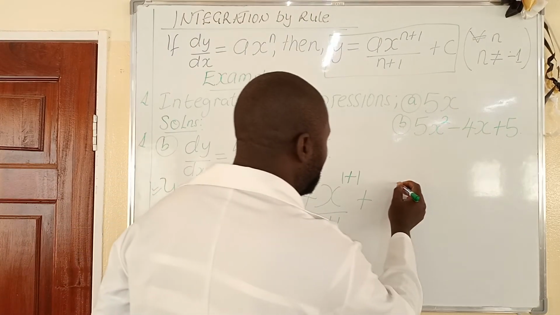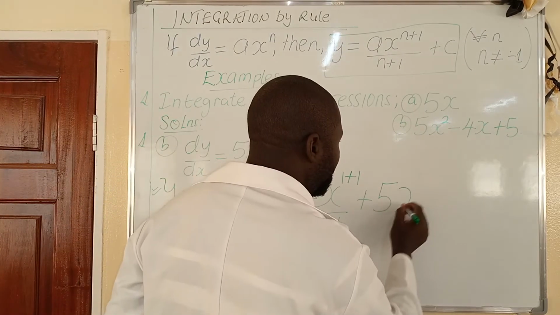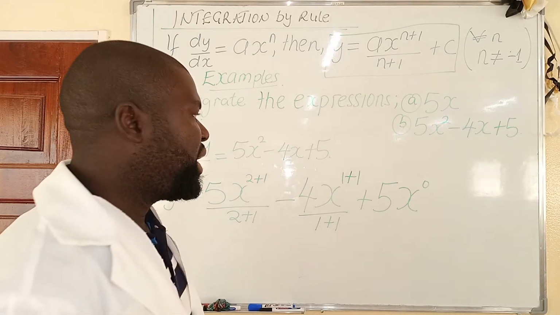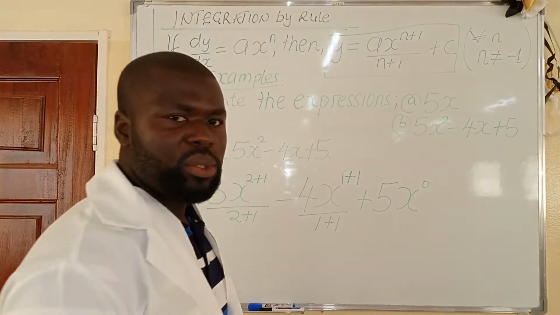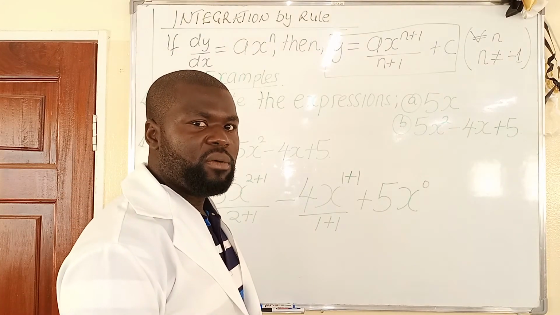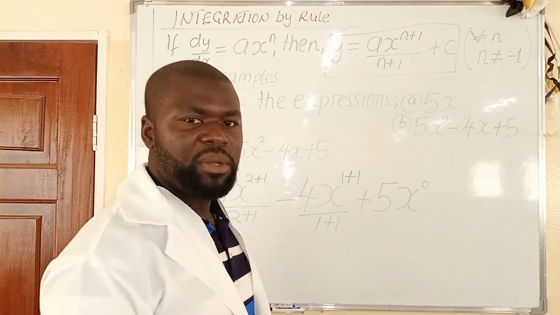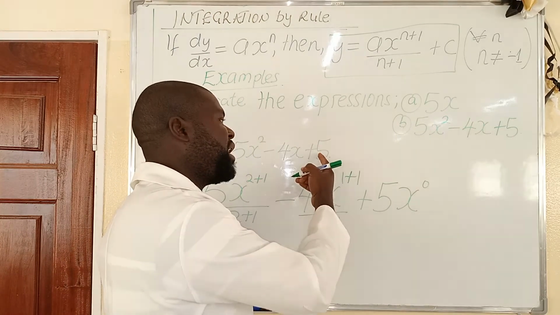Now, 5 as a variable is 5x power 0. Any number which has a power 0 is 1, and 1 multiplied by 5 is 5.